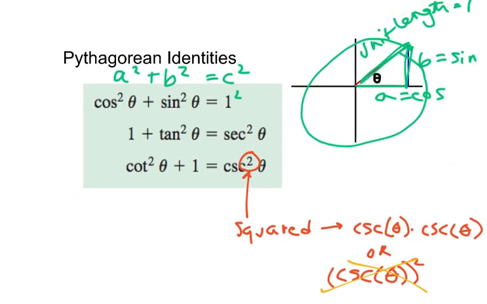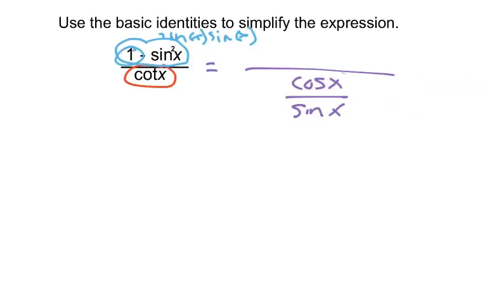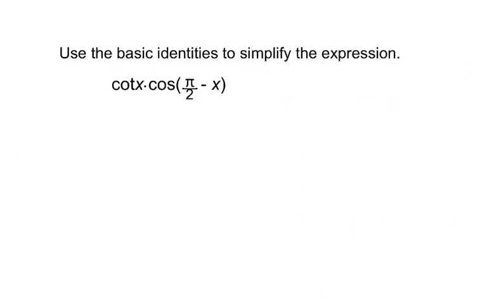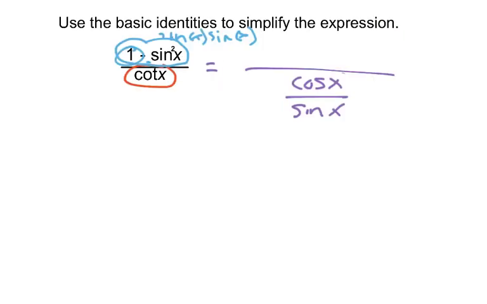So hopefully you can see that if I rearrange this piece here by subtracting sine squared over to the other side, I've now made the phrase cosine squared of theta equal to 1 minus sine squared of theta. So if 1 minus sine squared of theta equals cosine squared of theta, then we can rewrite this as cosine squared of x in this case. And again, that's because of that Pythagorean identity.